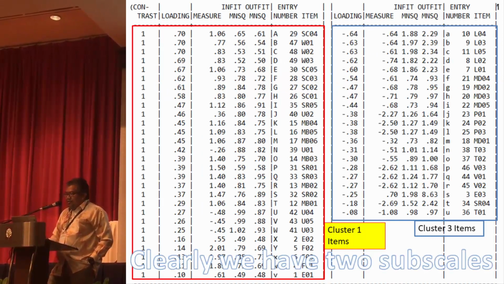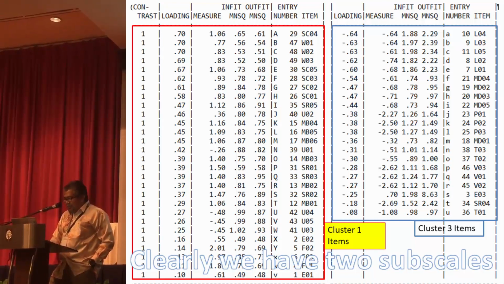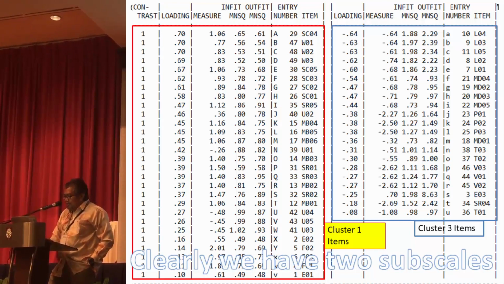So, you can see clearly this is cluster 1, this is cluster 2. Each one of these are the items from the questionnaire. What does SC mean? Social care, W is for work, and so forth.